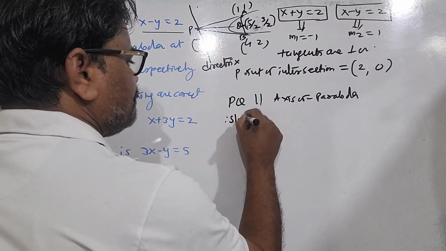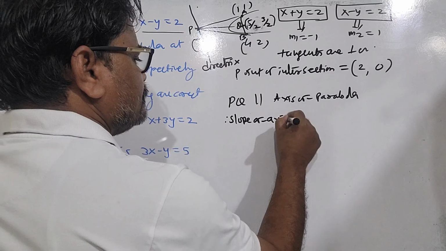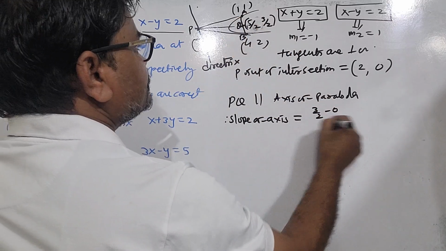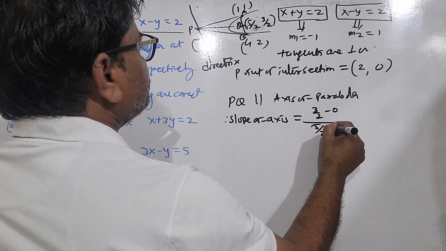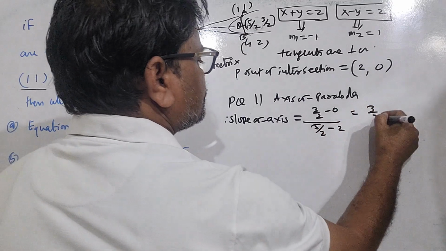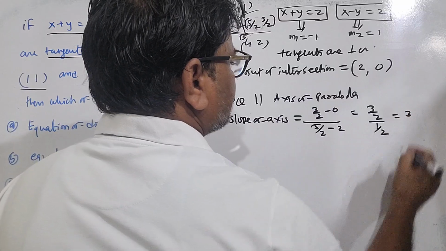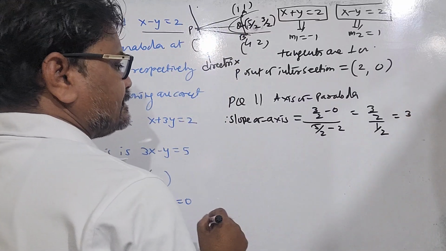So therefore I can find the slope of the axis. Slope of axis is (3/2 minus 0) divided by (5/2 minus 2), that is (3/2) divided by (1/2), which is equal to 3. The slope of the axis is 3.